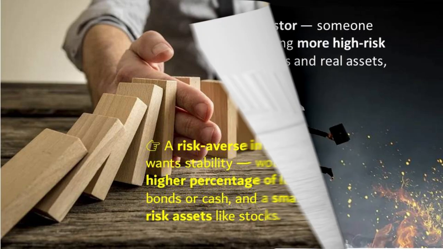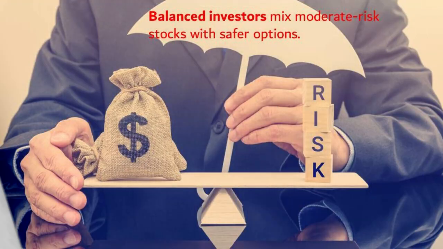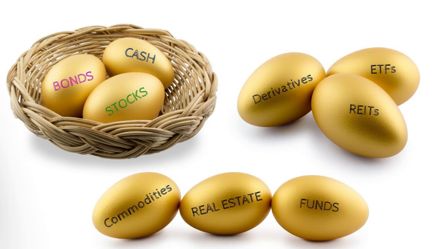On the other hand, a risk-seeking investor, someone chasing growth, would flip that mix, holding high-risk investments like equities, real assets, and fewer low-risk ones. Balanced investors mix moderate risk stocks with safe options. In short, you balance risk by not putting all your eggs in one basket and mixing assets that react differently to market events.